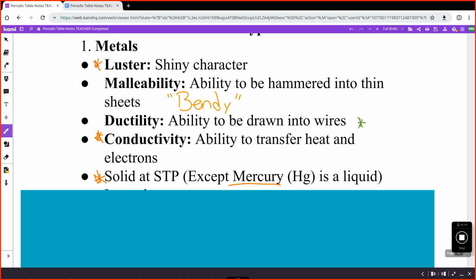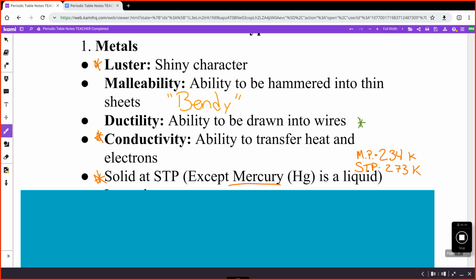It has a melting point of, let's look this up really quick, mercury, 234 K. Melting point of mercury is 234 K. STP is 273 K. So any time the melting point is lower than a given temperature, if the melting point has been passed, then that object has melted.